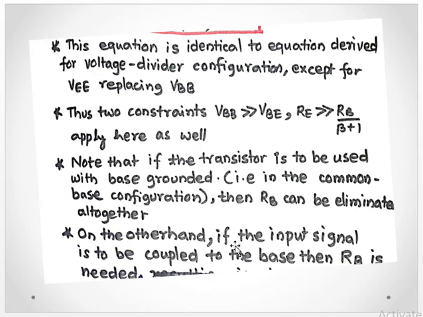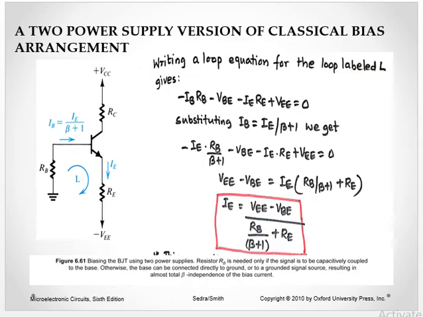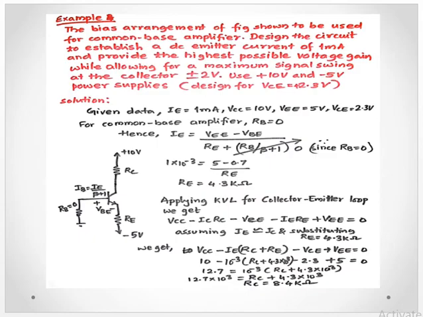On the other hand, if the input signal is to be coupled to the base, through a coupling capacitor or directly coupled, then RB is needed. In common base configuration, RB can be neglected and the base terminal can be directly connected to ground.